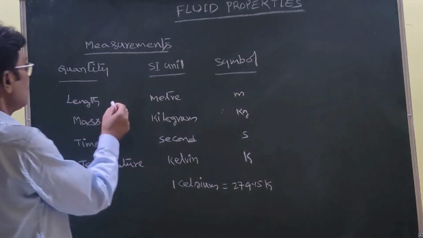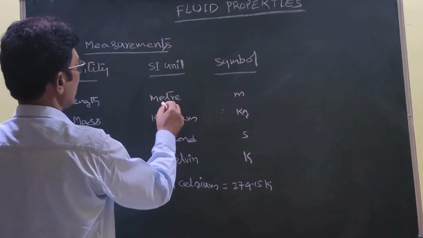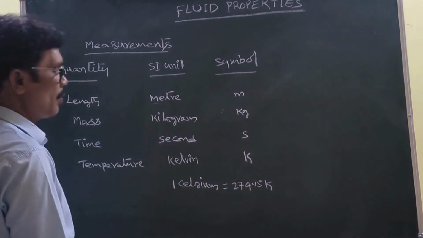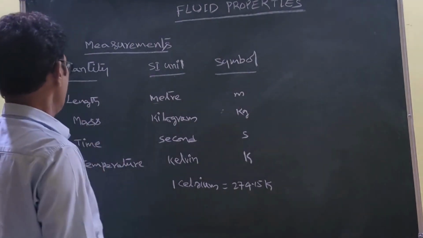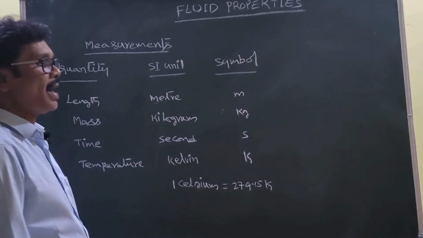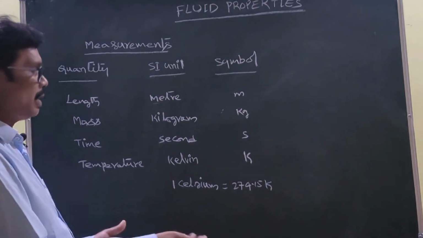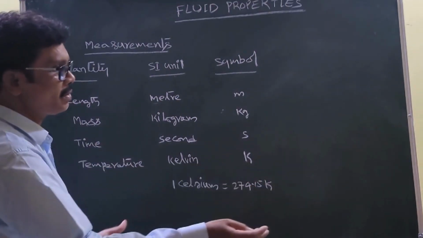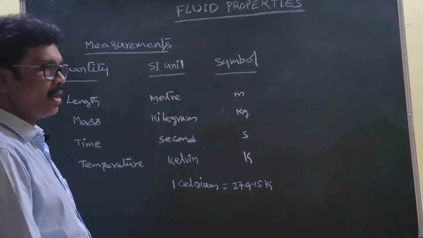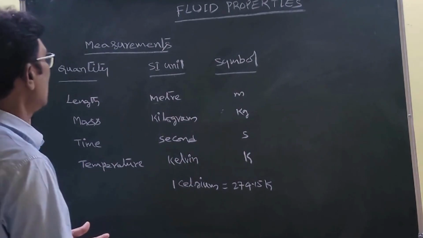So, length. Why is it required in meters? Why do we have to develop length in meters? Because centuries back, unless we knew a particular length, how would we know how much length was covered by walking or by a moving vehicle?